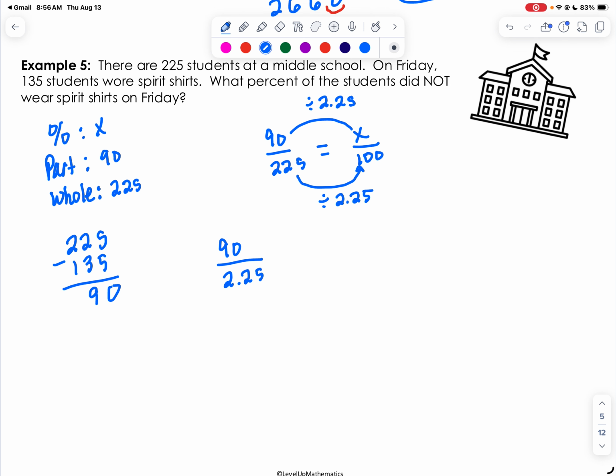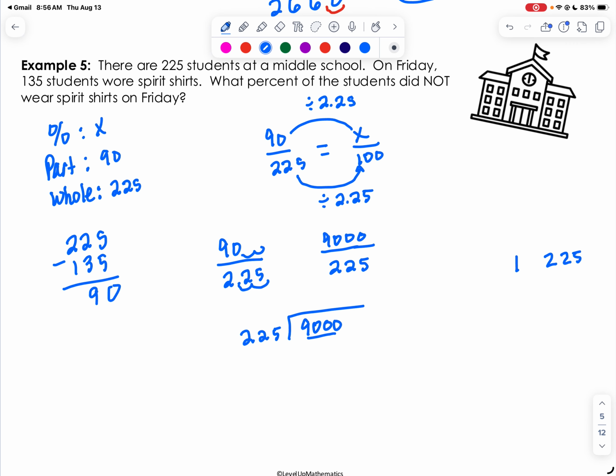So I need to move my decimal over 2 places on both of these. So this would be 9,000 divided by 225. Okay, so what we're doing is we're taking 225 and we want to know how many times it will go into 9,000. So I'm going to make a little ratio table here.